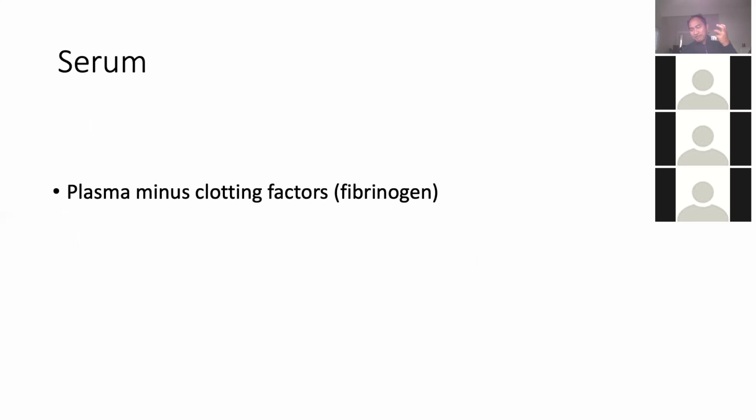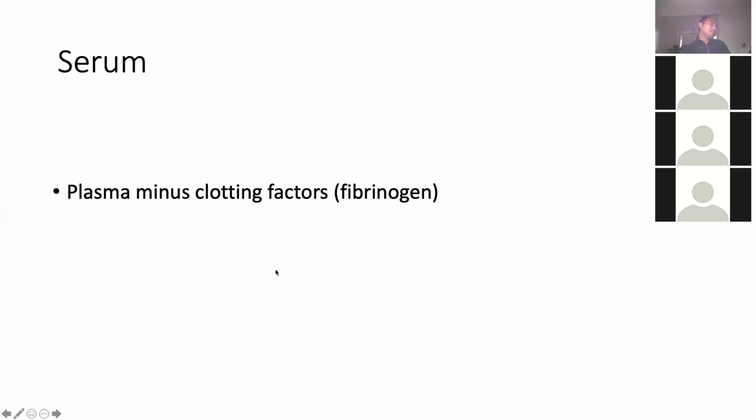So what is the difference between plasma and serum? I believe some of you are working in some clinical environment, some might work in a hospital, like phlebotomy. So what is the difference between plasma and serum?